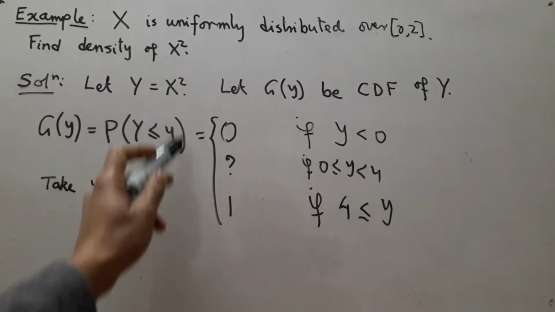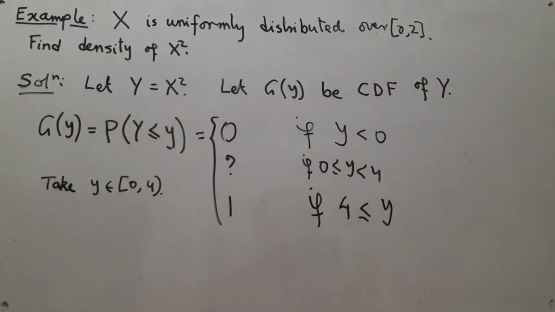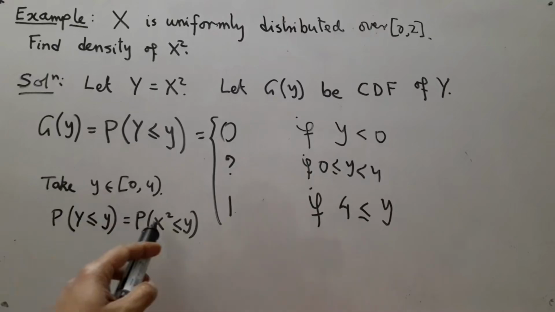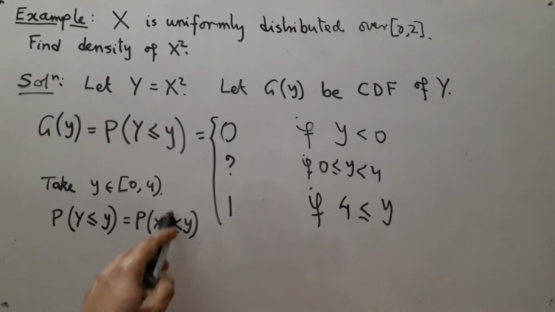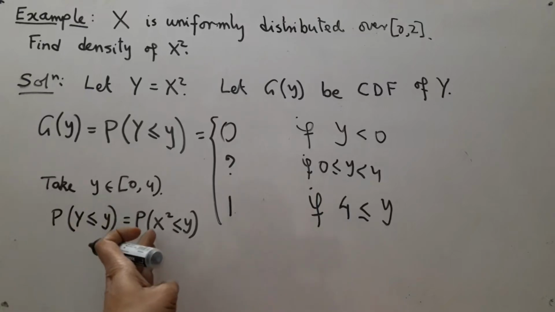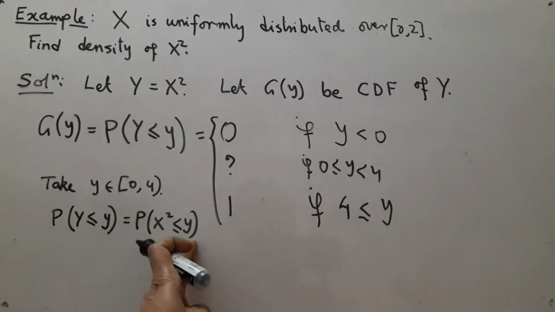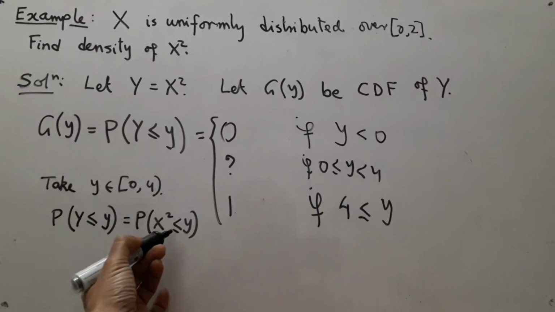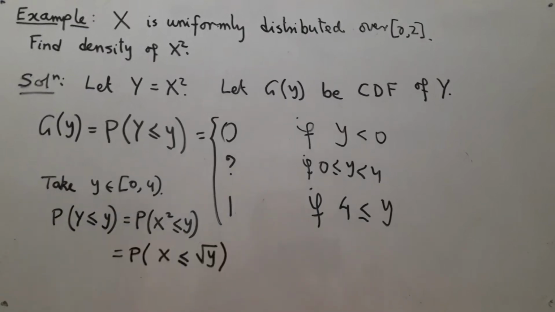Then we want to express this in terms of x. Because y is x squared, I am just replacing y by x squared. Now, fortunately, x squared is a monotone function because we are working over non-negative things. So I can take the square here and make it a square root without sacrificing the inequality.